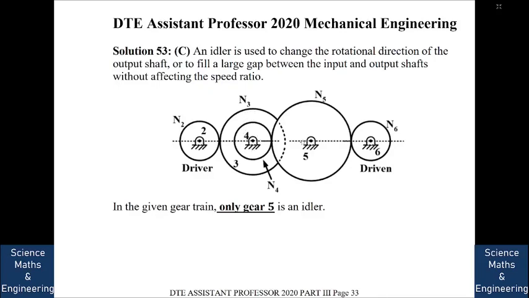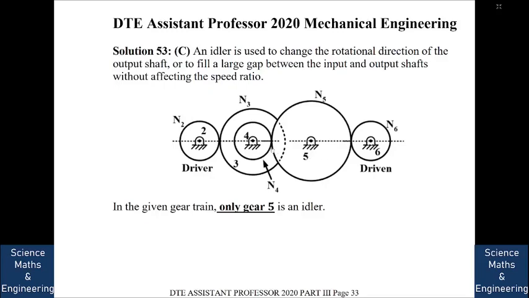Now as the fourth wheel is connected to the fifth wheel, it transfers the rotation to the fifth wheel, and from the fifth wheel the sixth wheel comes. So basically, even if this fifth wheel is not there and 6 comes directly in contact with 4, the RPM of the sixth wheel would be the same. So wheel 5 is the only one which doesn't have any impact, so it is the idler.